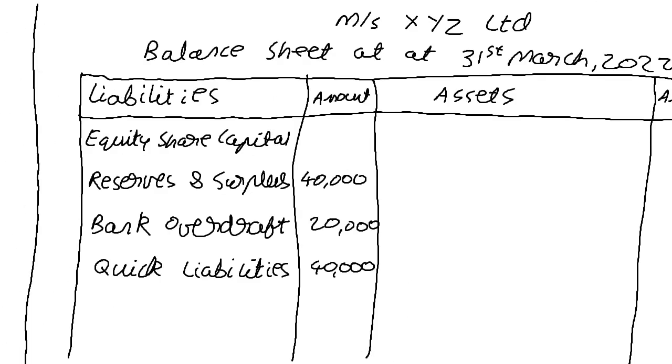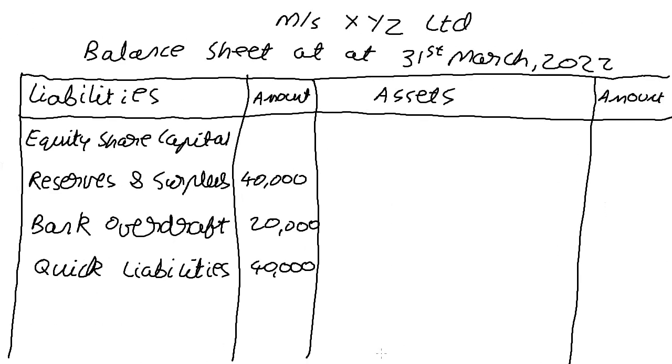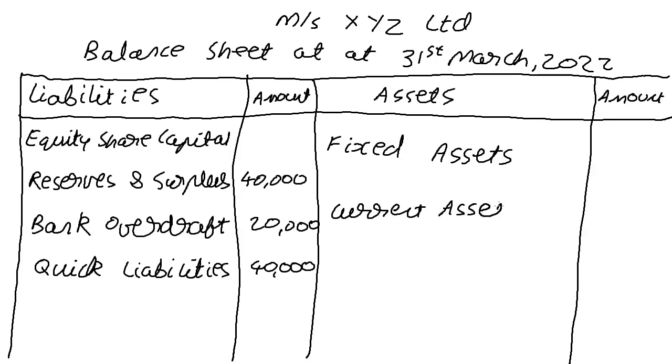And there should be fixed assets or other assets if you want in the question. Okay, and fixed assets, and I know current assets is 1,50,000. Now the problem is I need to get this number, and this guy is missing.